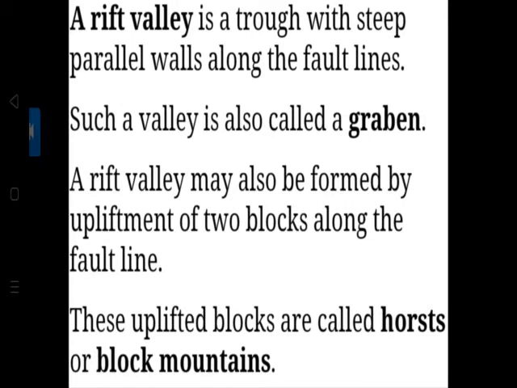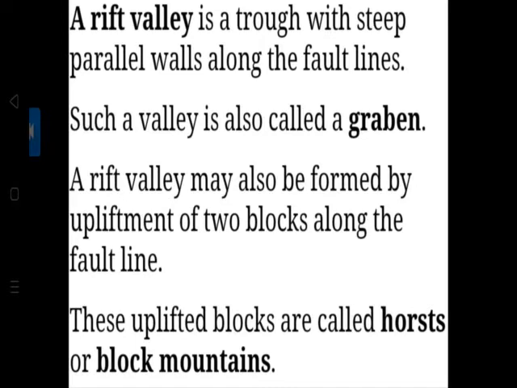So there's another name for valleys which are steep with parallel walls along the fault lines: they are also called grabens. A rift valley may also be formed by, there's another way also of a rift valley being formed. A rift valley may also be formed by upliftment of two blocks along the fault line.